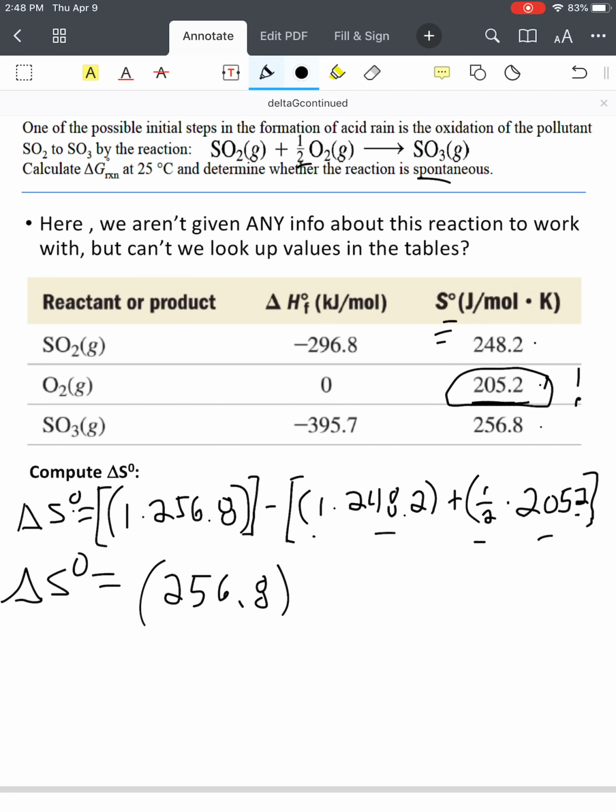And then we're going to have to subtract 248.2 plus, let's see, 205.2 times 0.5, 102.6.